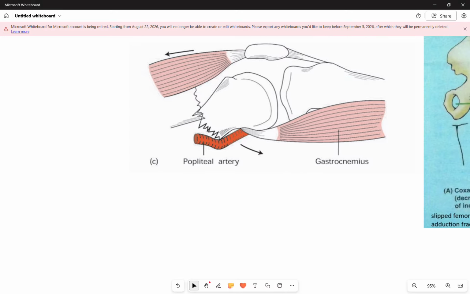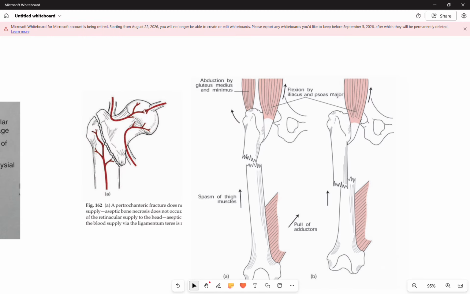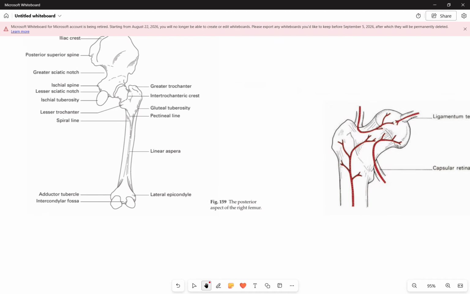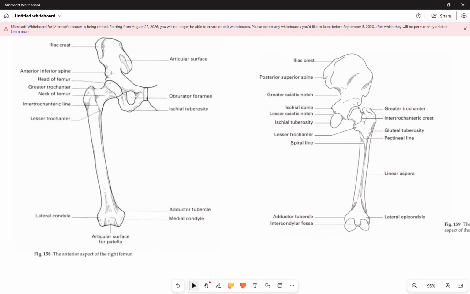So to summarize, the parts of the femur are head, neck. The neck with the shaft has a junction, and the junction is lined by the intertrochanteric line anteriorly and intertrochanteric crest posteriorly. And between the two, you get greater trochanter above and lesser trochanter below.